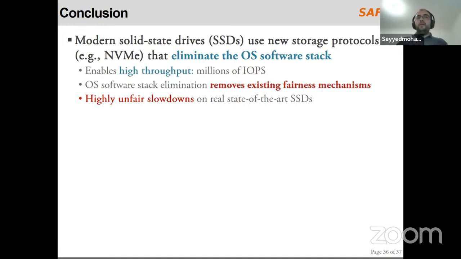As a result, we have highly unfair slowdowns on real state-of-the-art SSDs. However, this also provides a very good opportunity, since when we want to do fair scheduling inside the storage, you have a better understanding of what's going on and the status of your internal resources. As a result, you can provide much better fairness compared to the OS-level techniques we have had in the past.